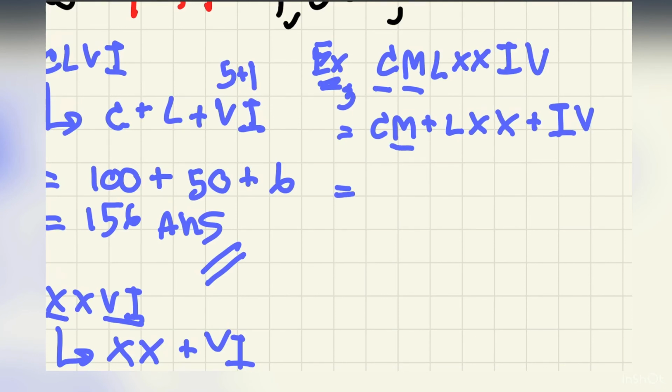Then we can determine it in the second procedure. So now for M equals 1000 and C is 100. The smaller number is in front of the bigger number. That means we need to subtract. 1000 minus 100 equals 900.